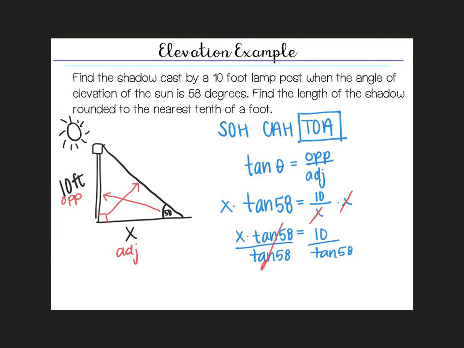And then I'm left with x equals 10 divided by tan 58. And then you just want to type that into the calculator of your choice. Just remember, whatever calculator you are using needs to be set in degrees. You get 6.248, and they tell us to round to the nearest tenth, so 6.2 feet.